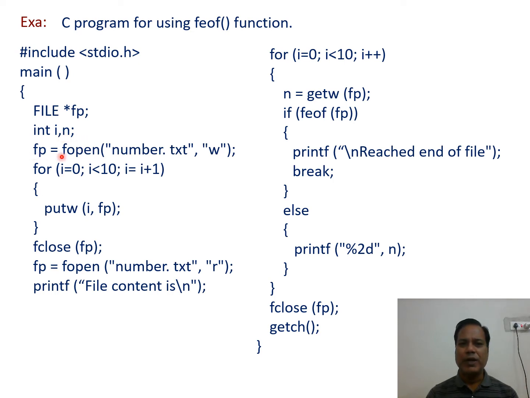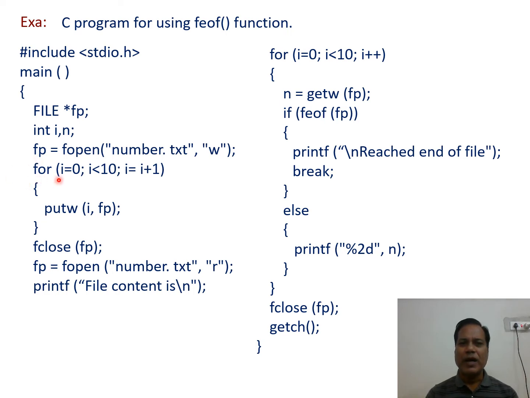Then fp = fopen("number.txt", "w"). So the number.txt file is opened in the write mode and information corresponding to this open file is assigned to the left side pointer variable fp.